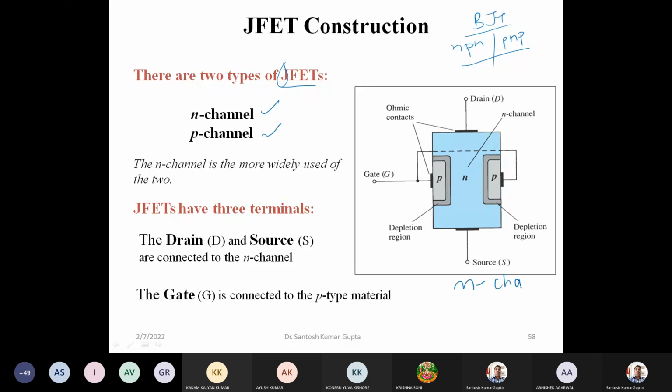The cross sectional view of the N channel JFET is given here. So this is essentially the N channel JFET.